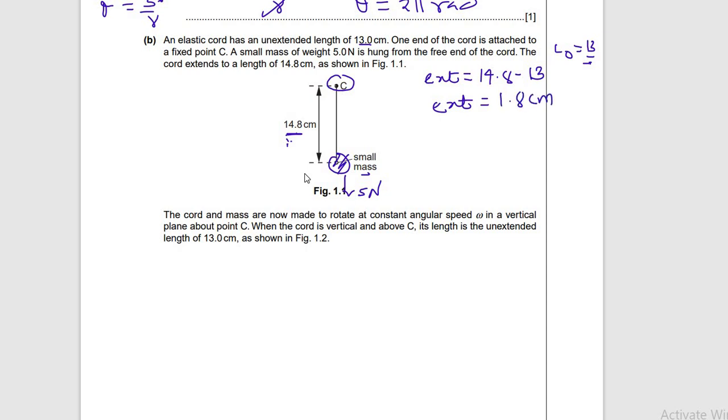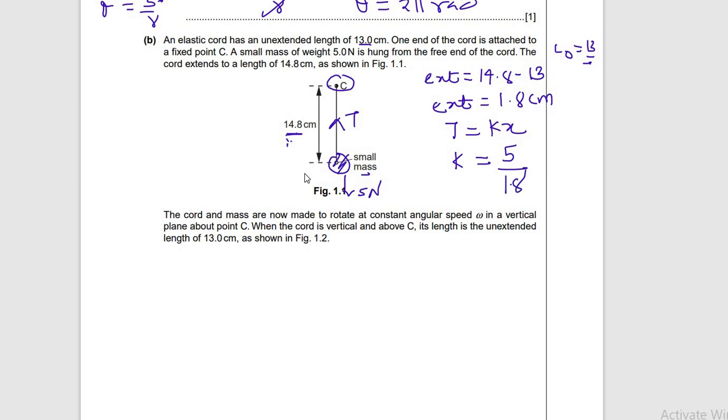Yeah, Hooke's law. What is holding this mass is the rope, tension. If it obeys Hooke's law, tension will equal kx. So let's find the force constant of this rope. The force constant of this spring, provided they are using the same spring, is the same thing. When you hung the mass, it extended, so the tension and the weight are the same. The tension is 5, while the extension is 1.8.